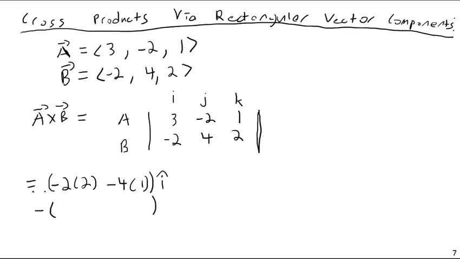So 3 times 2 minus negative 2 times 1, j, plus, and now I'm getting the k component, so I'm going to cover up this k. So this minus this. So 3 times 4 minus negative 2 times negative 2.